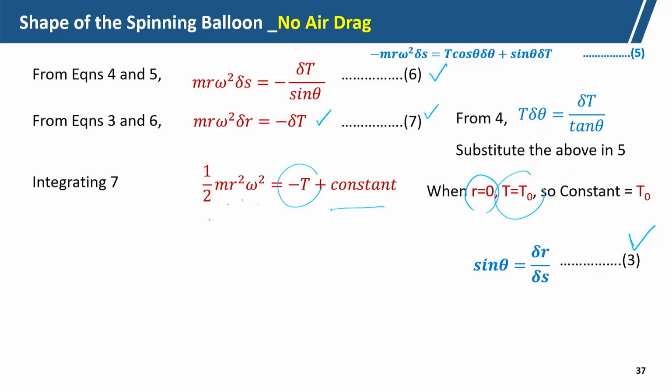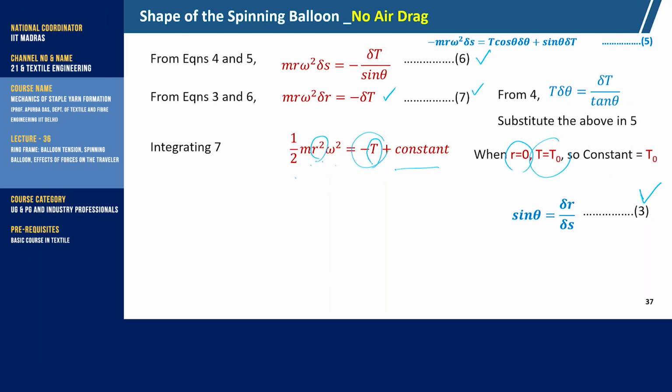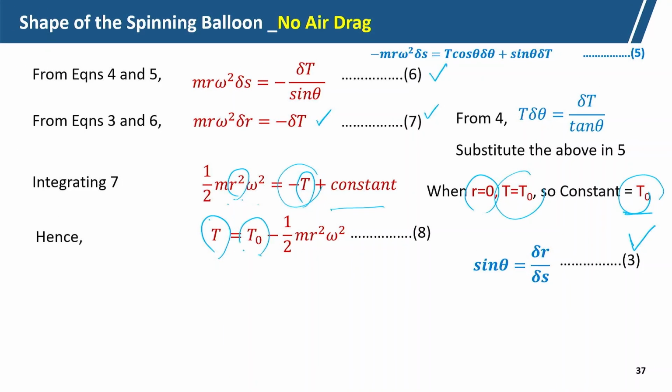So, if we use r equal to 0 and the initial tension T, the constant will be T0. So, that we can use here. So, ultimately we will get equation number 8: T equal to T0 minus half m r square omega square. So, that is the tension.